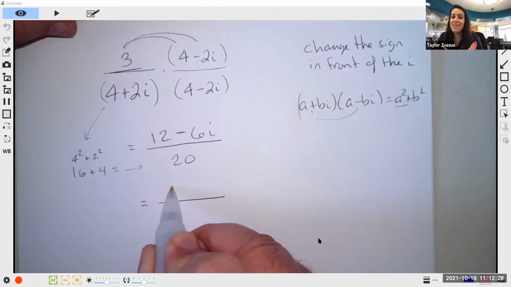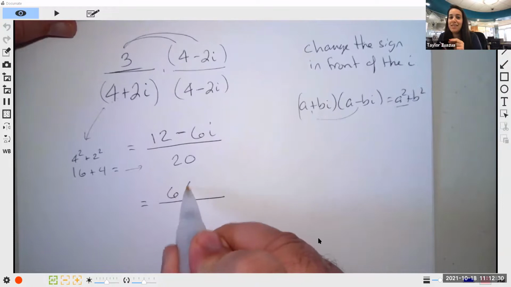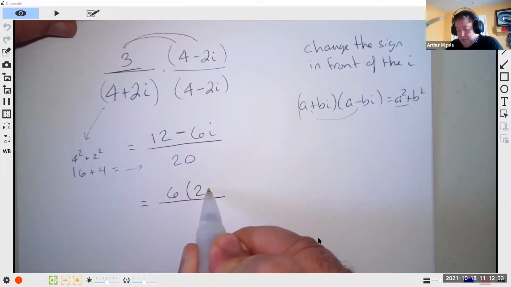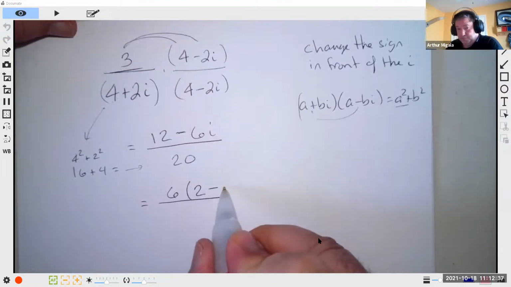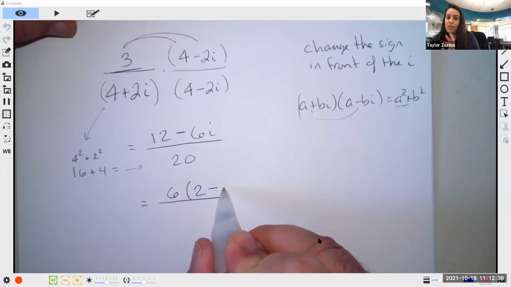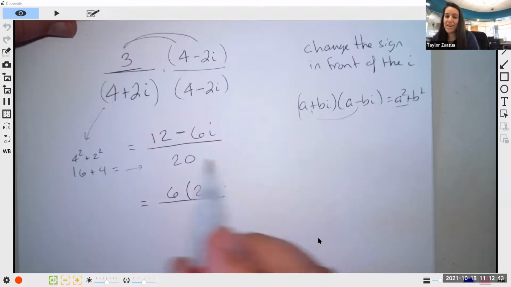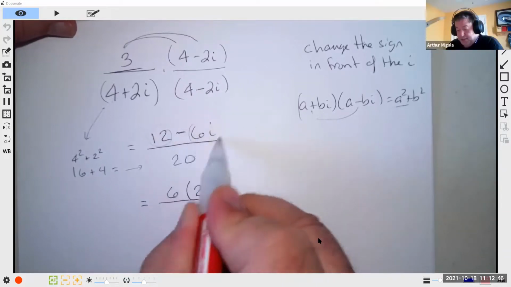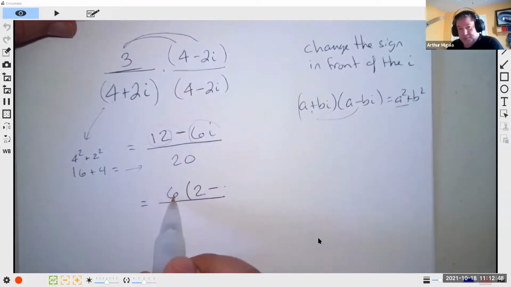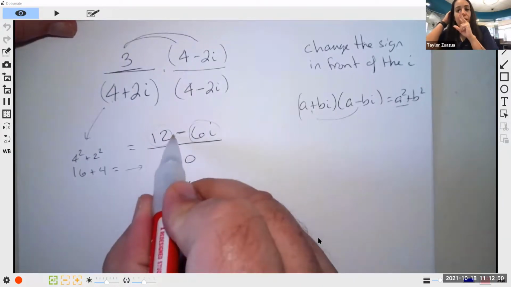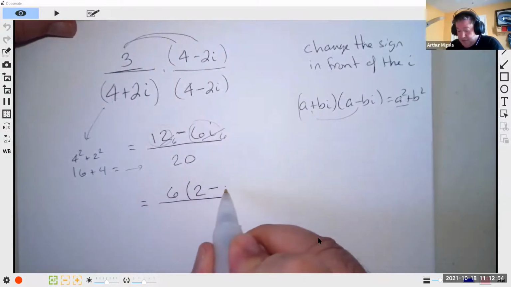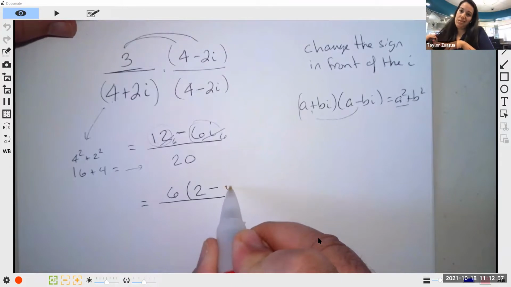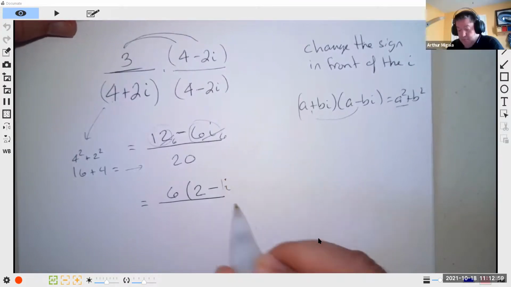You can divide 6 into 12 two times. I want to say factor out 6 from both of these numbers. You factor out a 6. So 12 divided by 6 is 2. 6i divided by 6 is 1i, yeah.